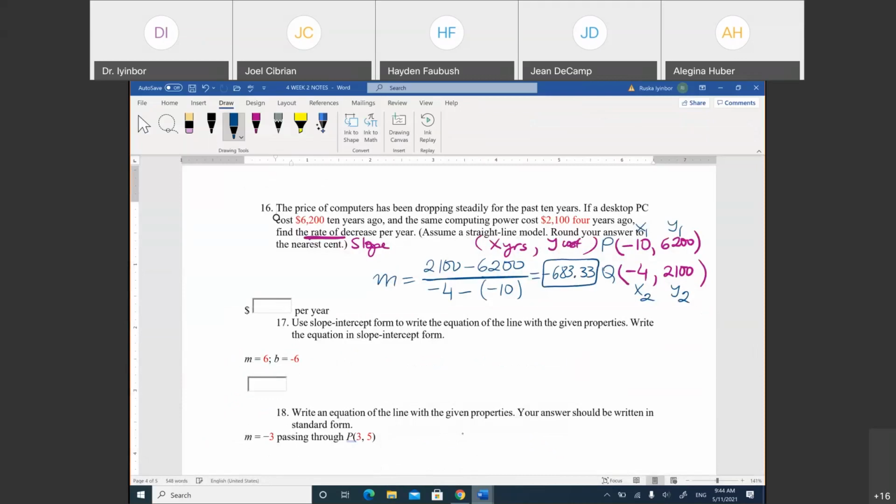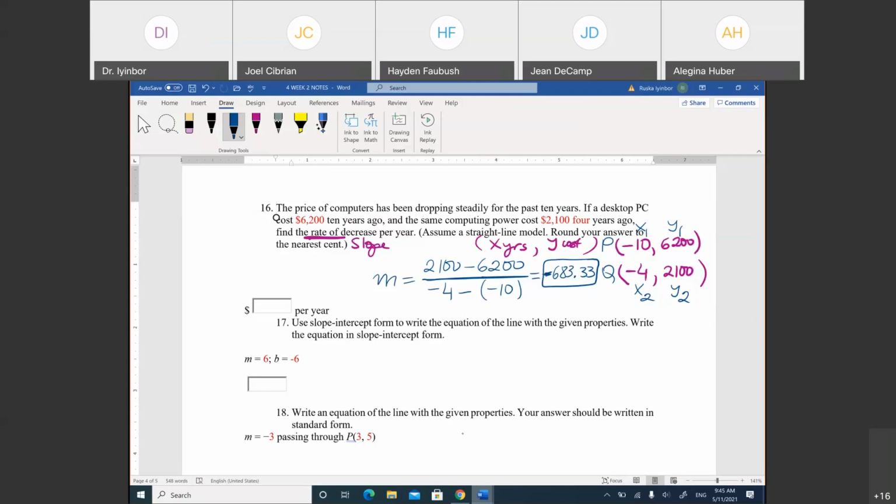That means the rate is negative $683.33. That means every year the price for this specific PC computer is gonna drop by $683.33 because it's a negative slope.